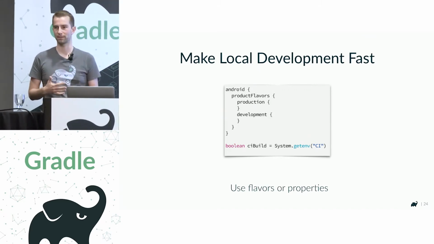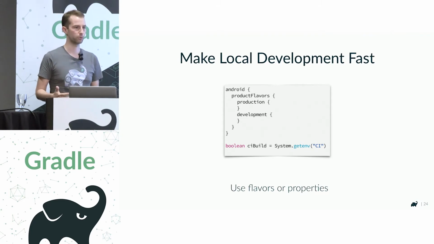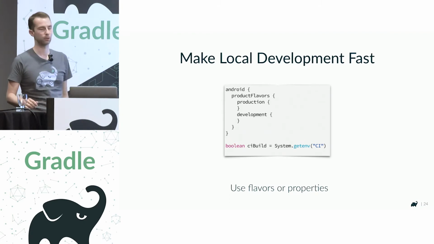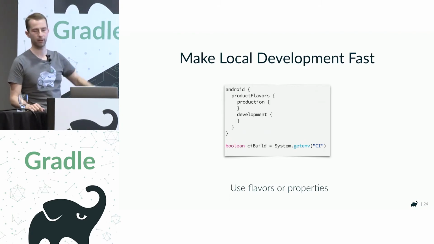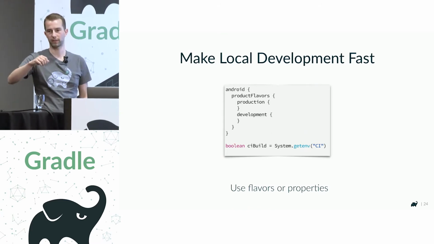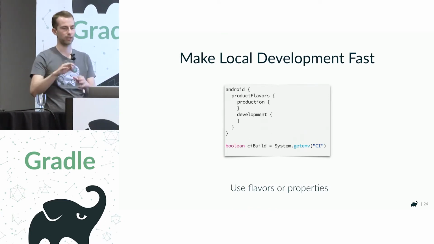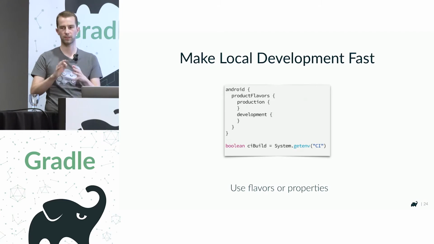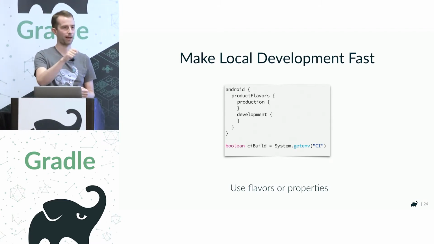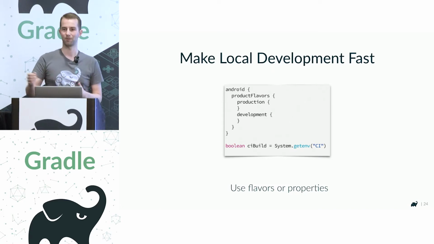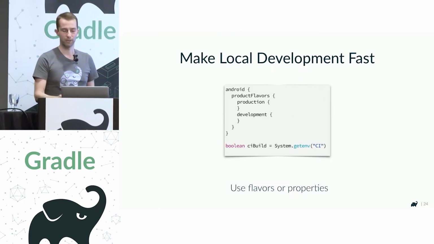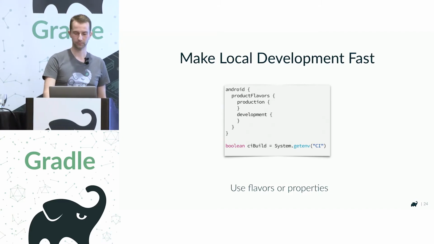So the inverse means I'm probably running on a developer machine. So you can just define a property and say, hey, am I running a CI build? And you could even make it configurable so that the user can say, okay, actually I want to pretend I'm on CI because I'm seeing a problem that's really obscure and that only shows up on CI, so I can pass -P, pretend I'm on CI. But the development flavor should be the default.